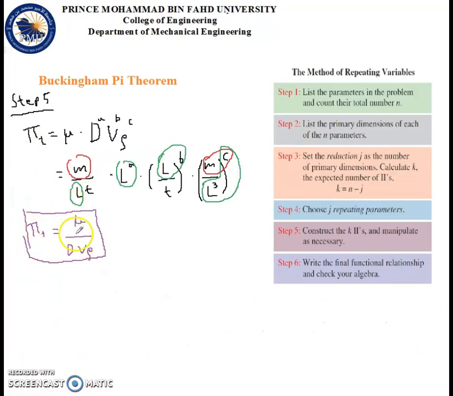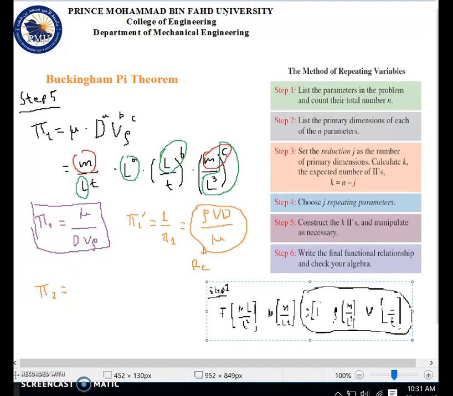We can manipulate pi 1 and define pi 1 prime as 1 over pi 1. And this will give us ρvd over viscosity, also known in fluid mechanics as the Reynolds number. Exactly as we constructed pi 1, we are going to construct pi 2.